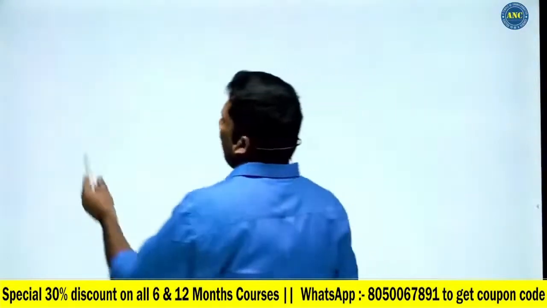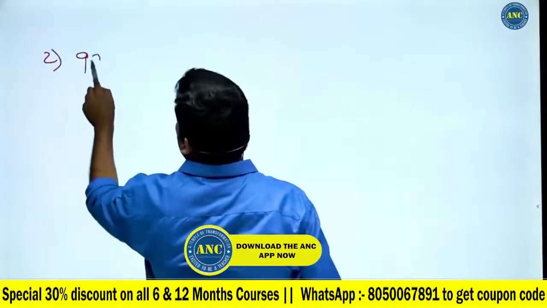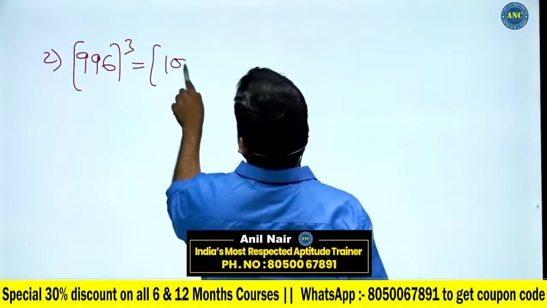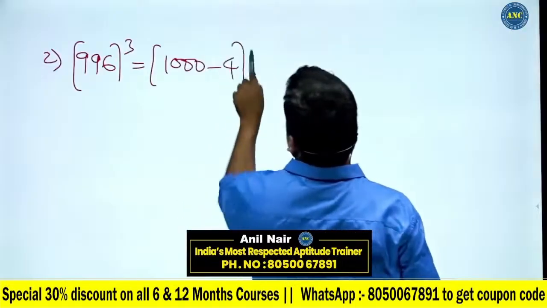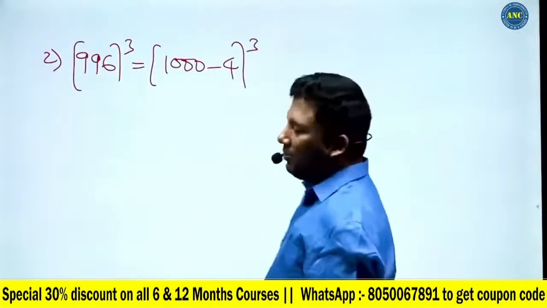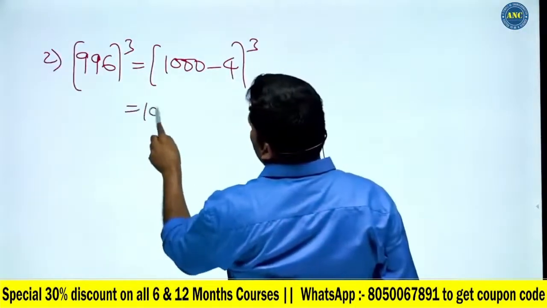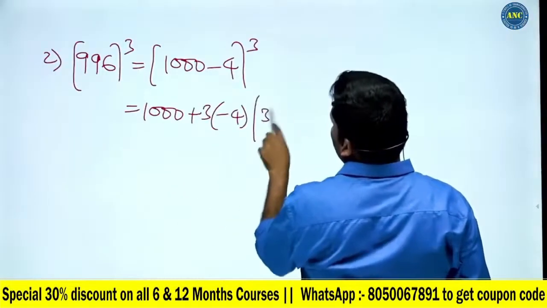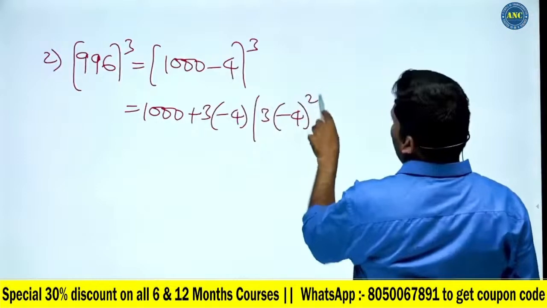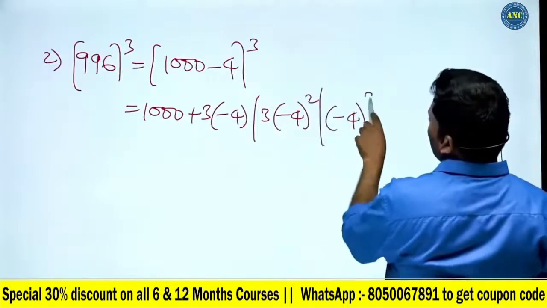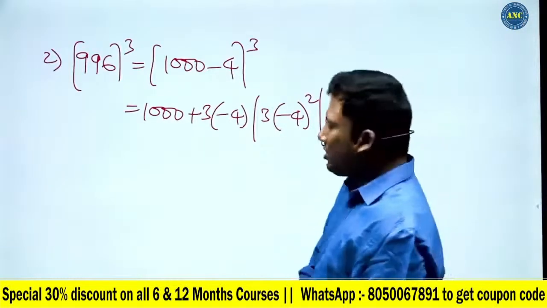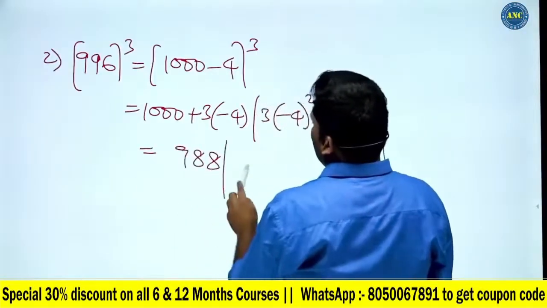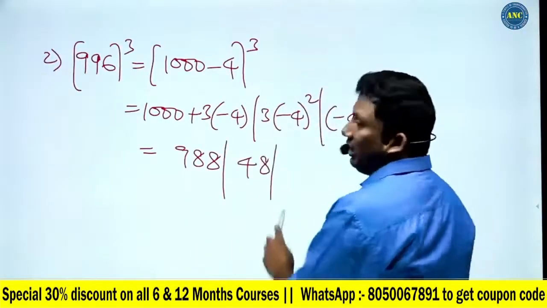98 cube. One more question which we will solve. 996 cube. 996 is 1000 minus 4 power 3. Are you all with me? So b plus x power 3: b plus 3x, 3x square and x cube. 1000 minus 12, 988. 16 3s are 48.